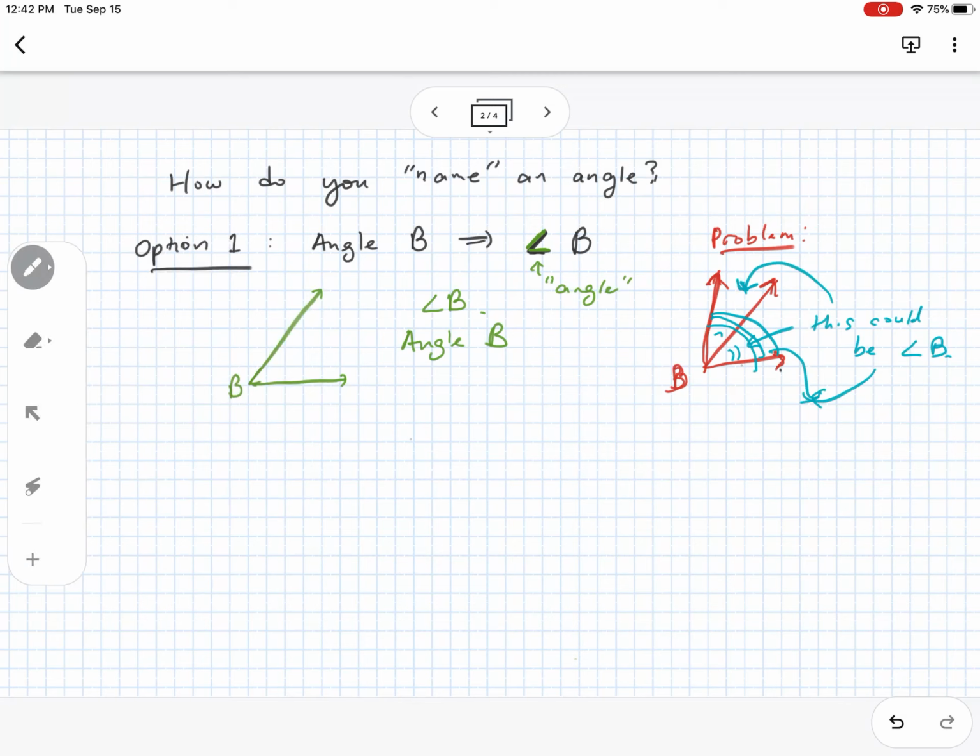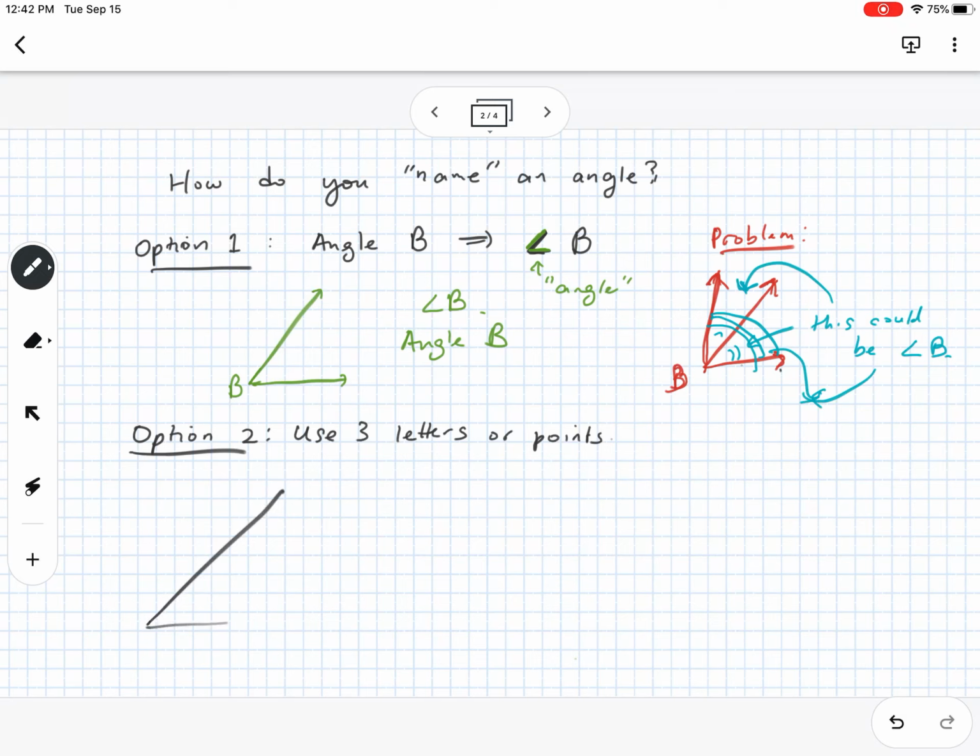And so that's the second option here, which is probably the best one. Option 2 is to use 3 letters or points.